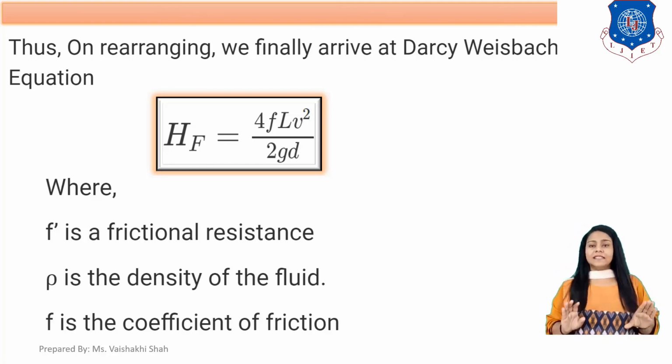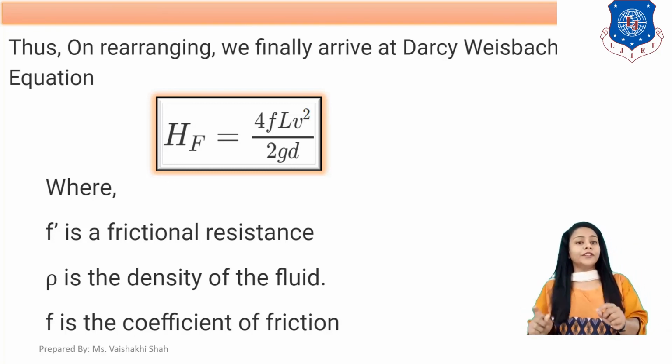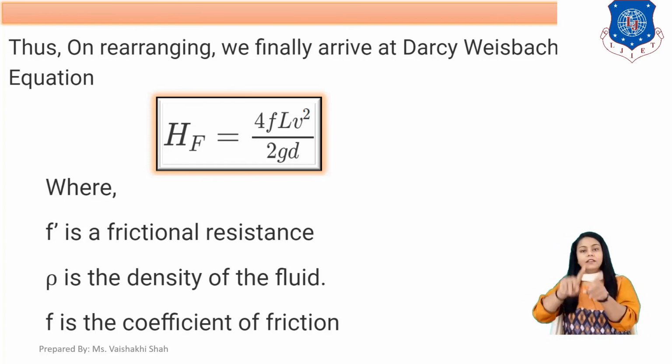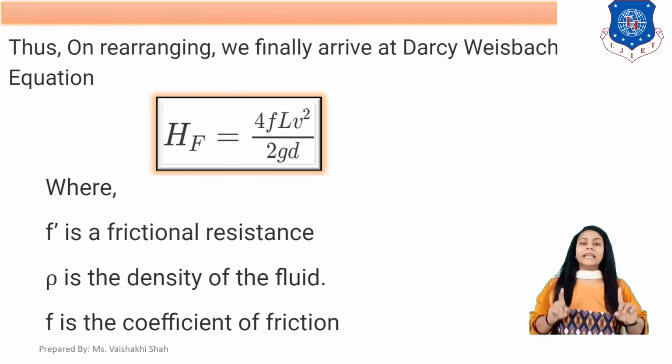So the final Darcy Weisbach equation is to find the head loss due to friction, which is HF. So HF equals 4F L V square by 2gD.